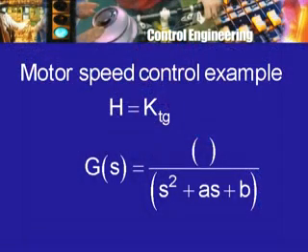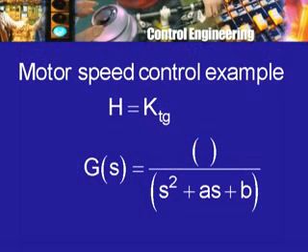So, G of S was a transfer function like this, or in other words, a transfer function of second order, and therefore, if you look at GH, there are two poles. As far as the relationship between the reference voltage or the armature voltage and the speed is concerned, the numerator is just a constant, so this GH has only two poles and no zero.